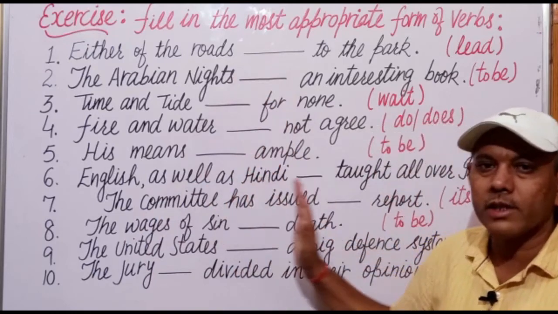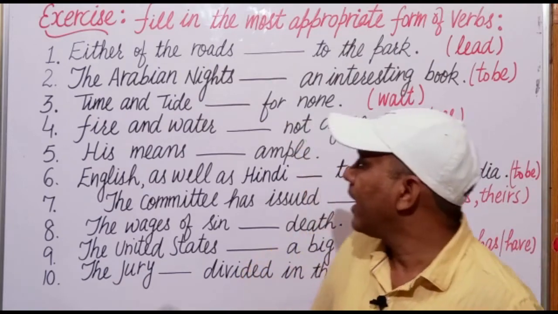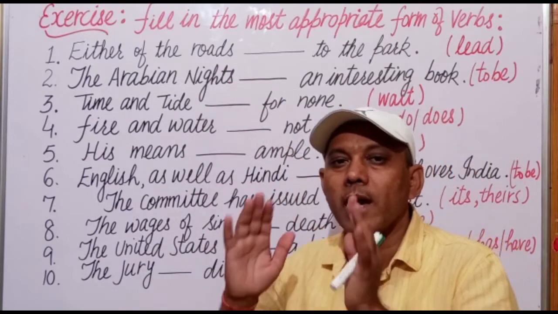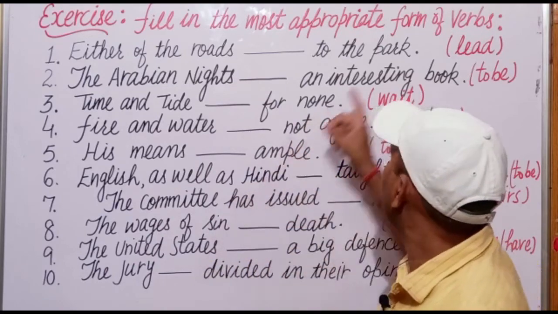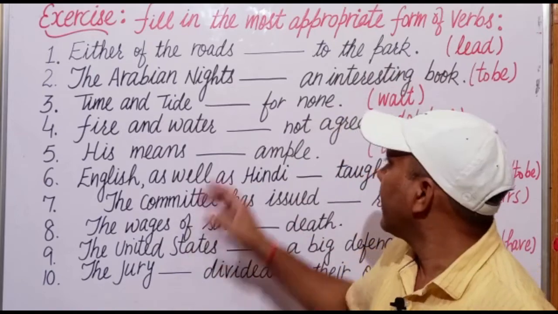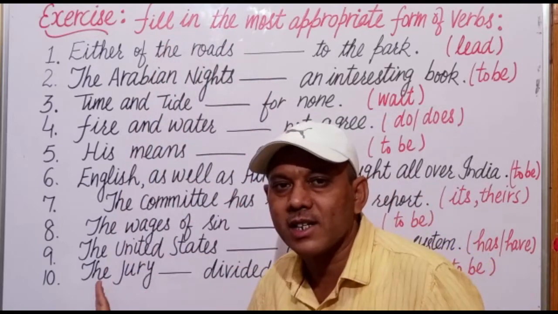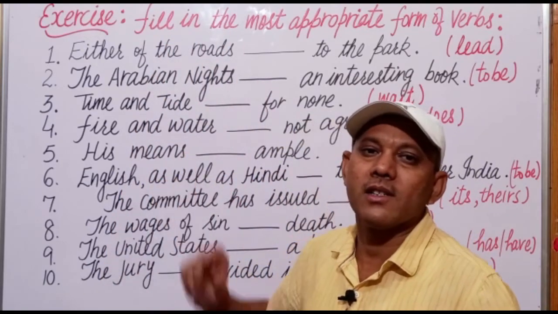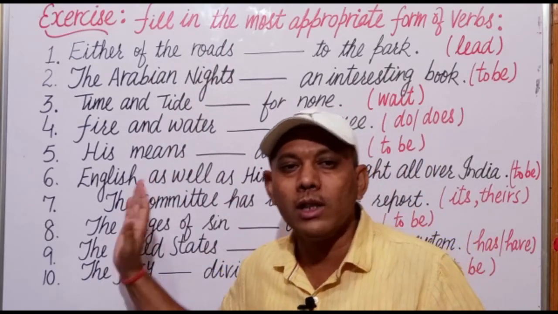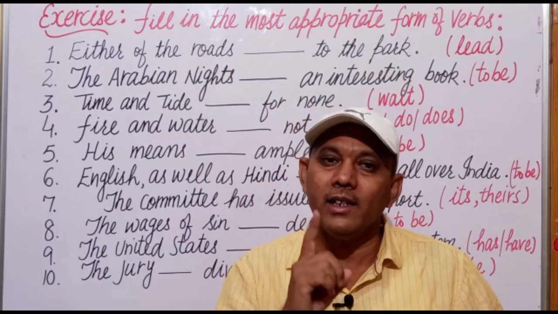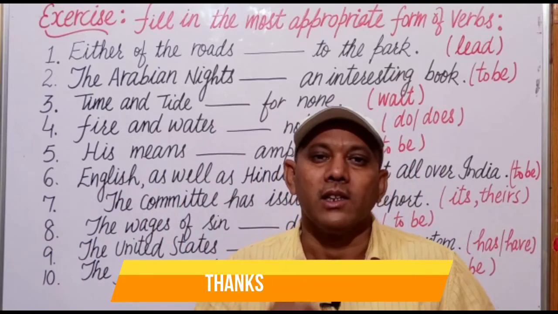Take a screenshot of this exercise, jot it down in your notebooks and fill in the most appropriate verbs given in the brackets, in the blanks given in the sentences, agreeing with the true subjects of the sentences. There are 10 sentences in this exercise. Solve this exercise in your notebooks and ask for any doubt if you have. Thank you very much.